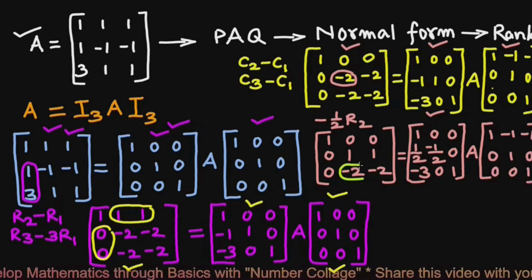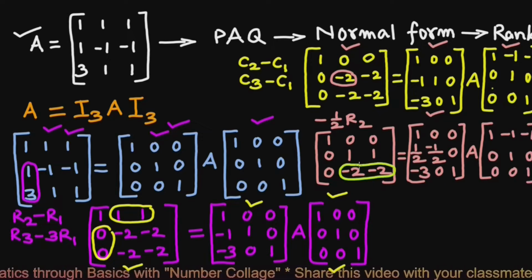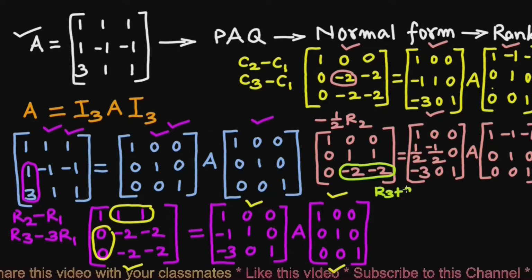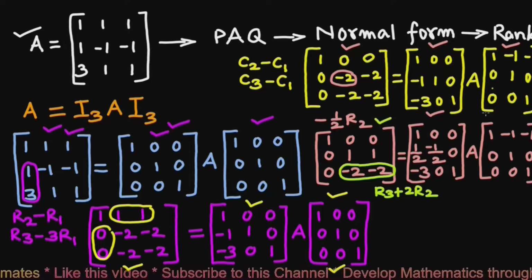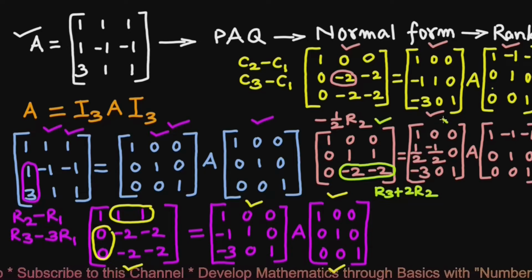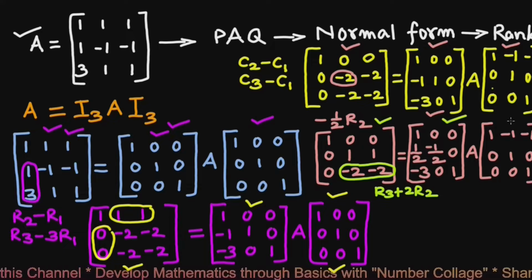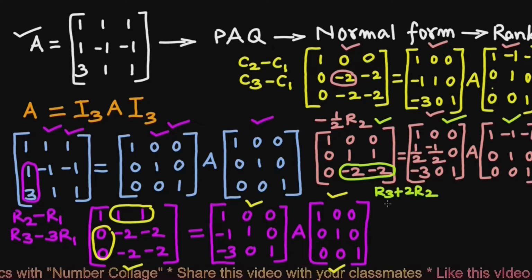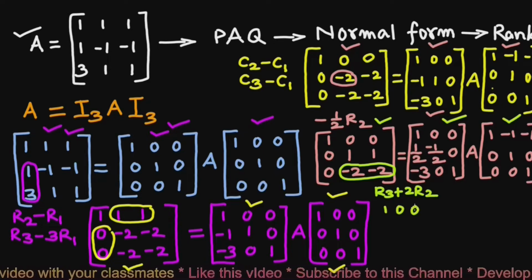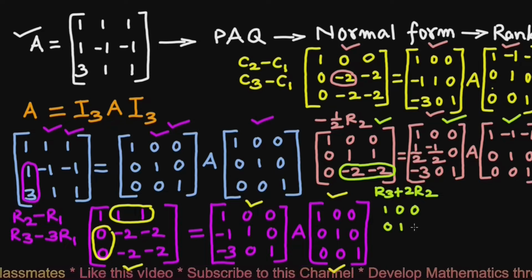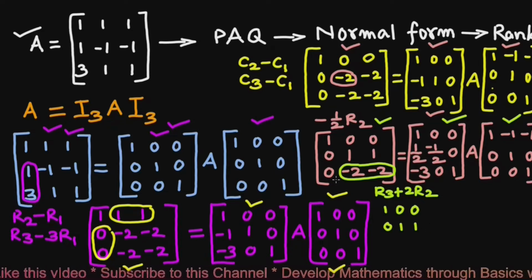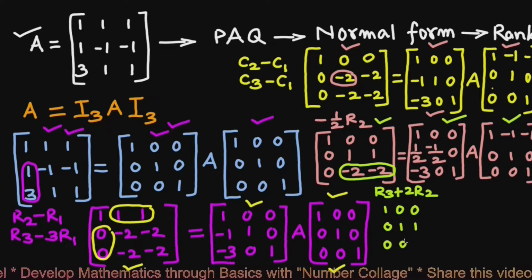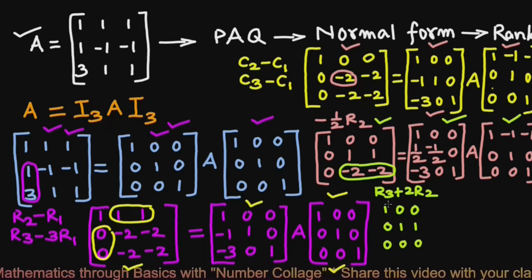Now we have to convert these two elements of R3 to 0. So for that we will perform R3 + 2R2 on this equivalent A, and it being a row transformation, the same on the prefactor, but we will write the postfactor as it is. So R3 + 2R2 will make the first row 1, 0, 0 and the second row 0, 1, 1 the same. The third row will become 0+0=0, -2+2=0, -2+2=0.